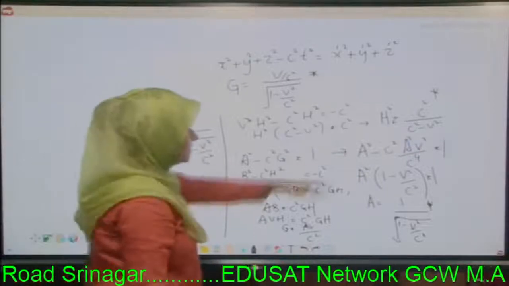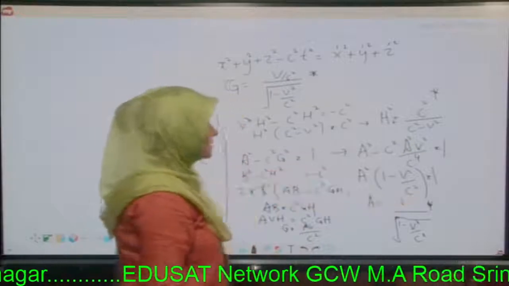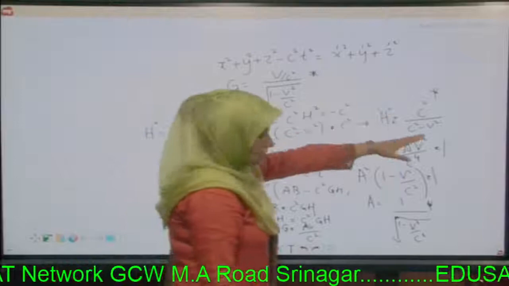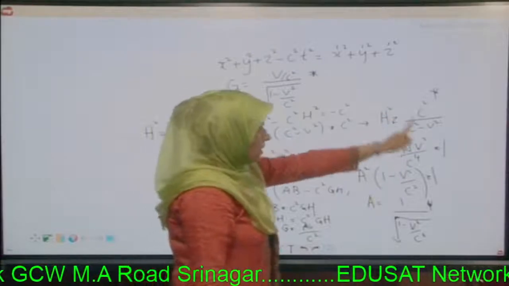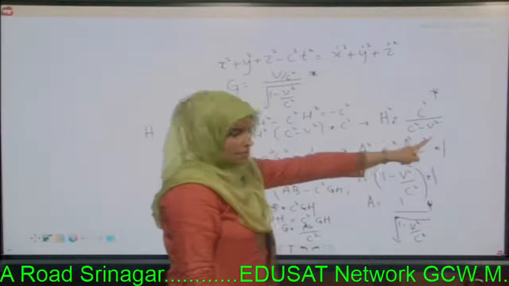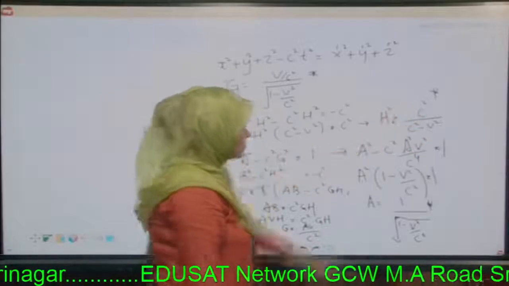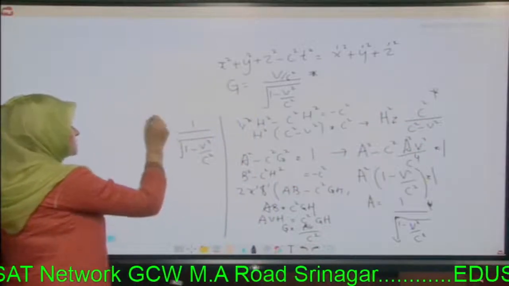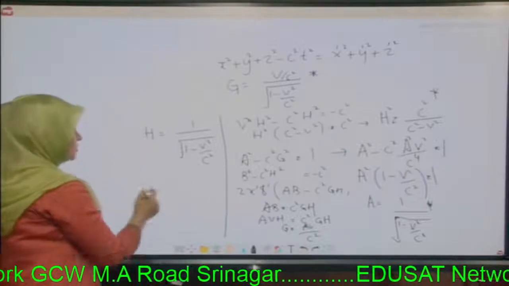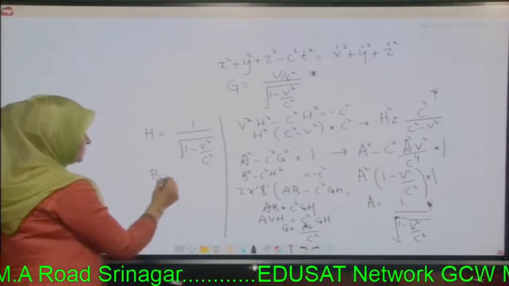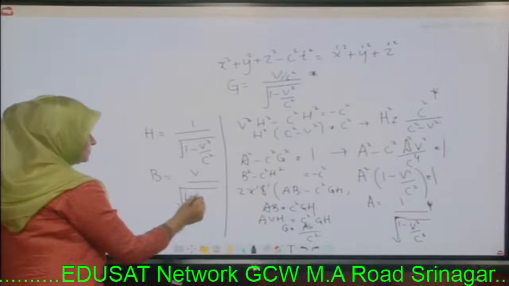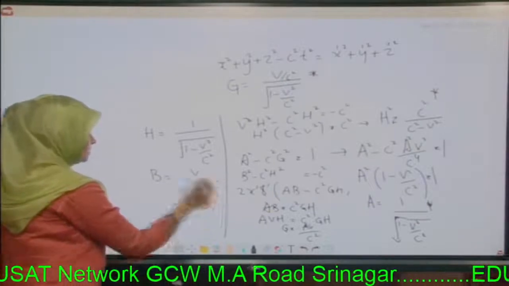So we have divided by c square throughout, in the numerator and in the denominator. So I hope you understand it is 1, and here it is 1 minus v square by c square. And once the square goes on the right side, we are left with this only. So h is this. So once you have obtained h, we know b is equal to vh. So b is equal to v by this much. So you are done. We are done.